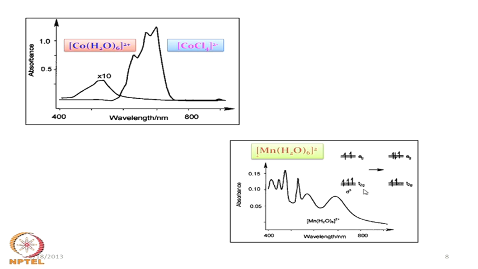The selection rule for a regular transition in this region is delta S equal to 0, that means we do not have any spin state change. But here the spin state change is there, so we have a spin forbidden transition, and that is why the corresponding intensity is very weak. So the transition is there, but it is both Laporte forbidden as well as spin forbidden.